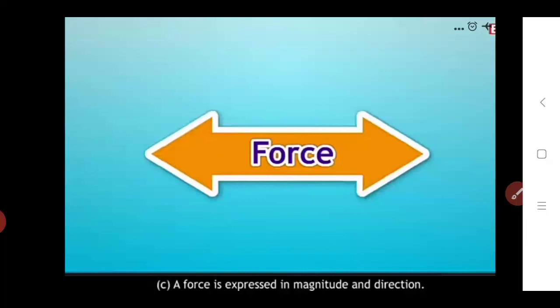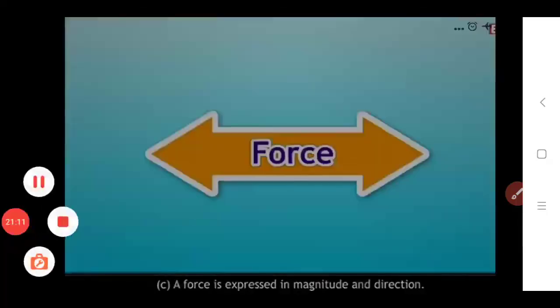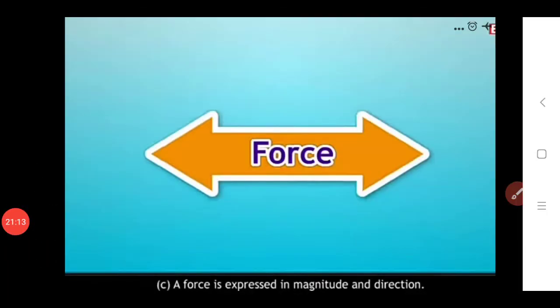These are the two important factors for calculating the force. So due to this we can say that force is a vector quantity. Okay, so we understood all these three concepts from these examples.